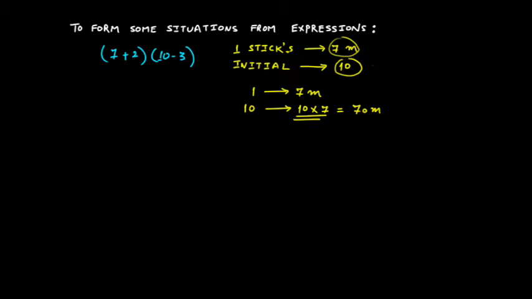I'll assume that I increase the length of each stick by 2 meter, and I decrease the total count of sticks by 3. Here I'm adding 2 meters to every single stick's length, and I'm decreasing 3 from the total number of sticks.